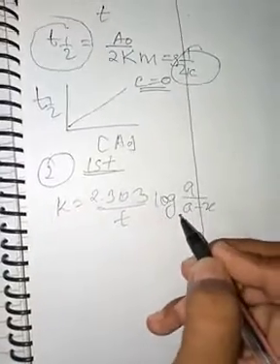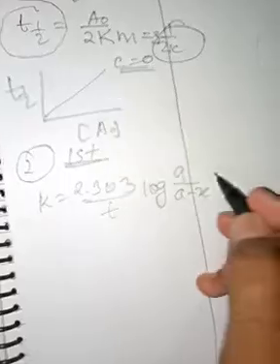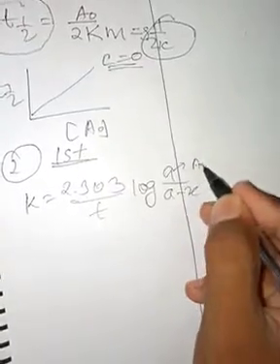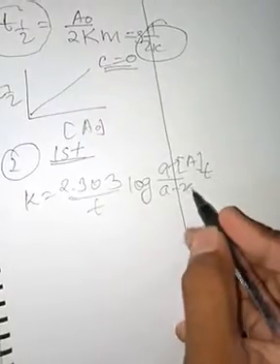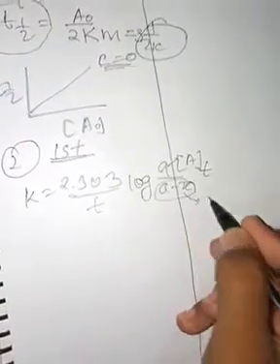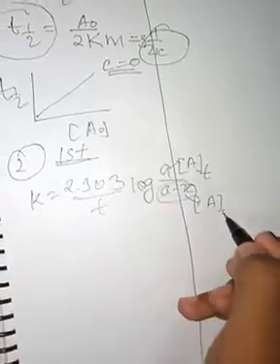Here a is the concentration at time t, and a naught means the initial concentration.